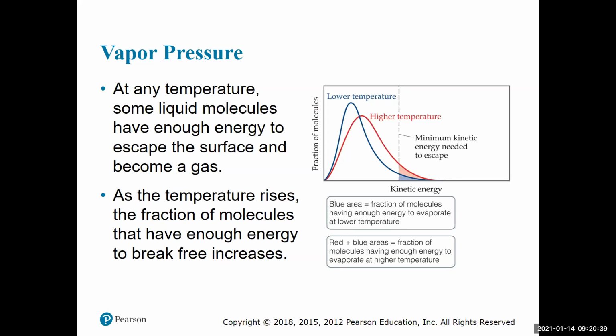The blue plot shows what that distribution of molecules looks like in terms of kinetic energy. We see that just a small fraction of them have enough kinetic energy to break away from the pack. As you increase the temperature, which is the red plot, we see that that number increases.